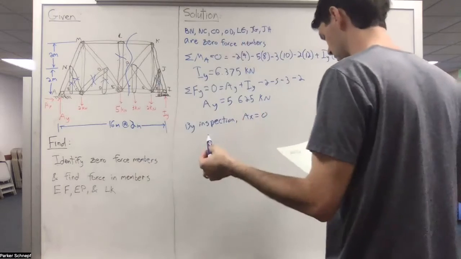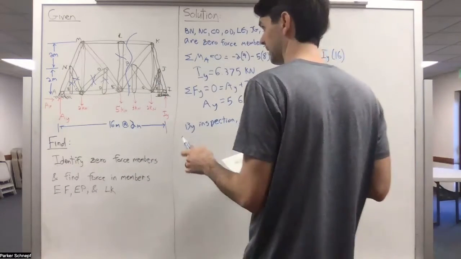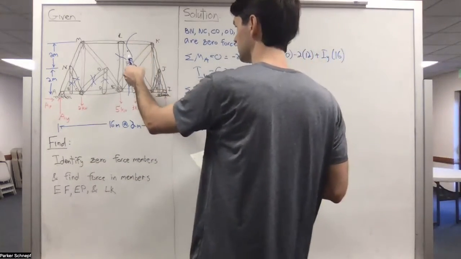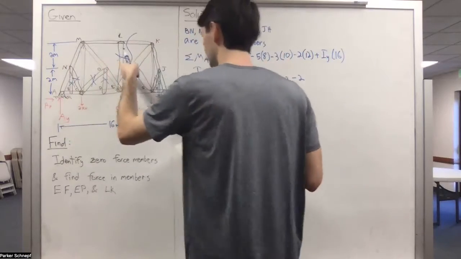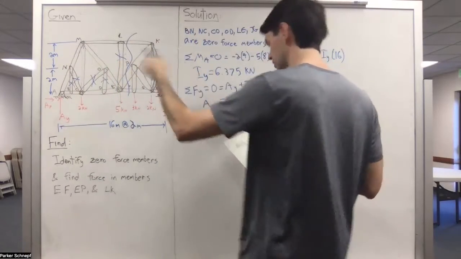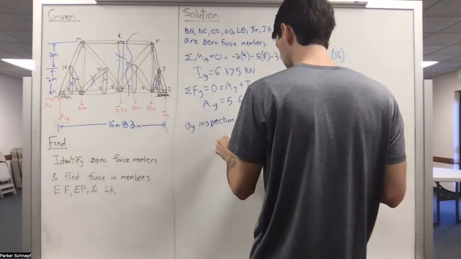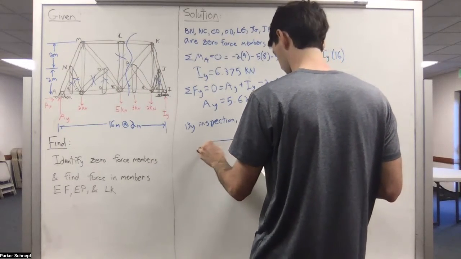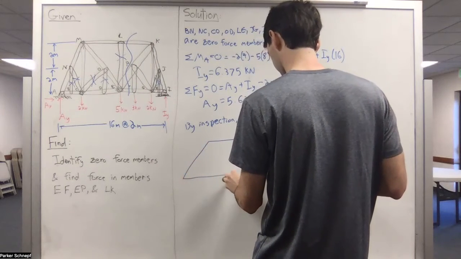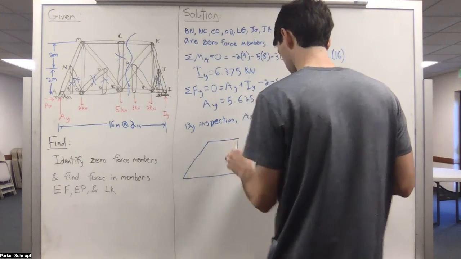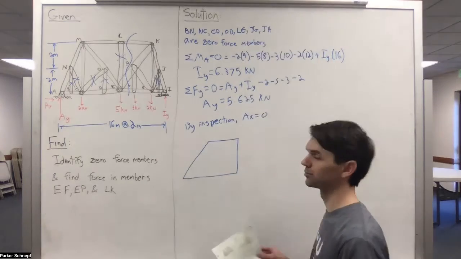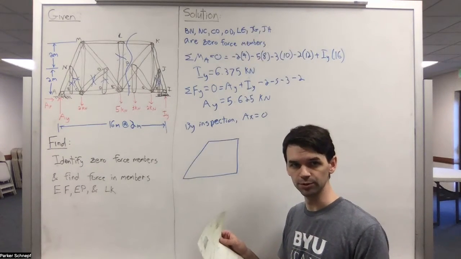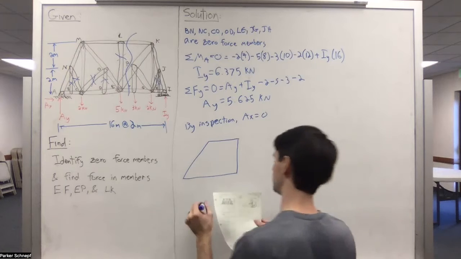And what I end up with is I'm going to make a cut, and I can either look at the left side or the right side of that cut. I'm going to go ahead and look at the left side. And what I end up with is a system that looks like this. I don't have to really concern myself with all the individual trusses, just the system as a whole.